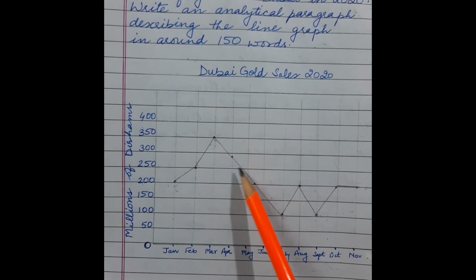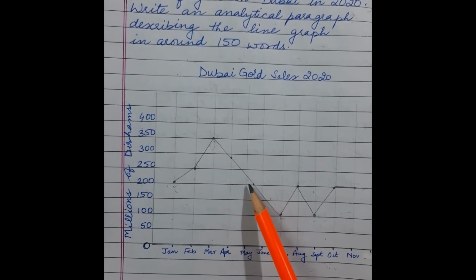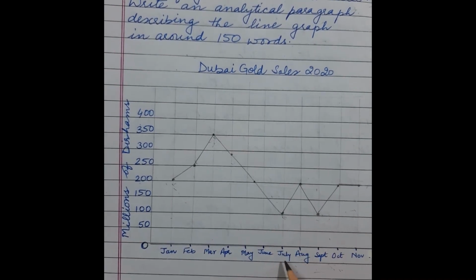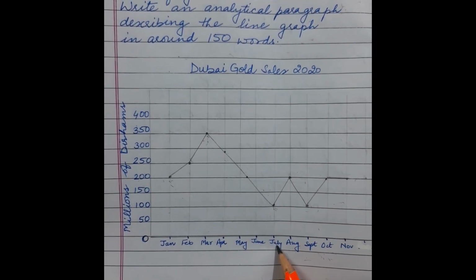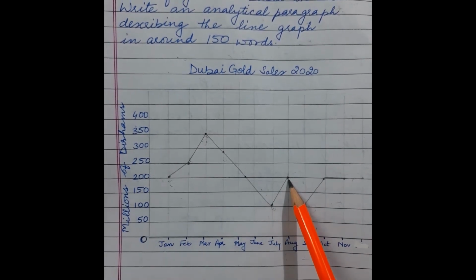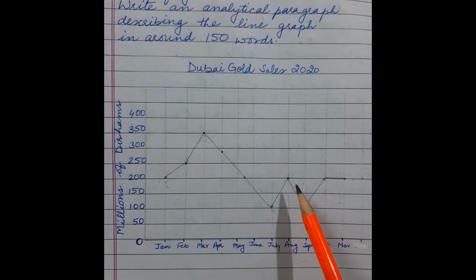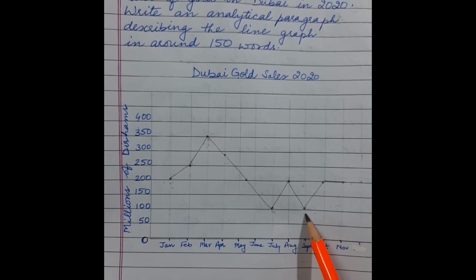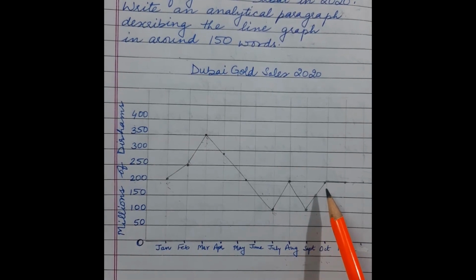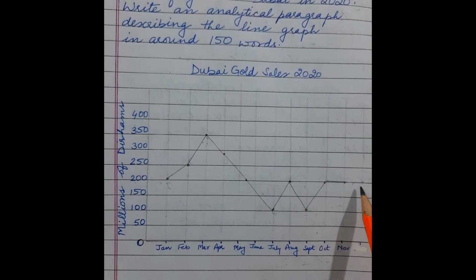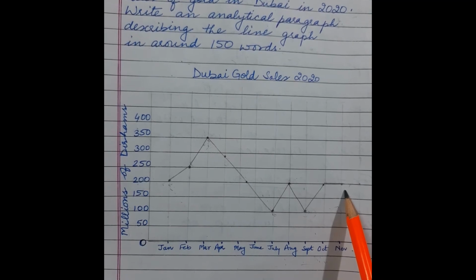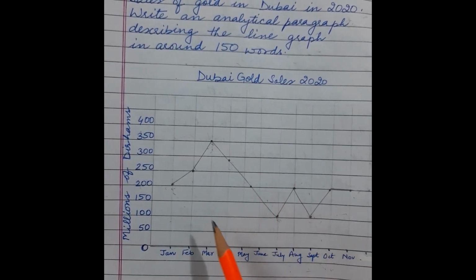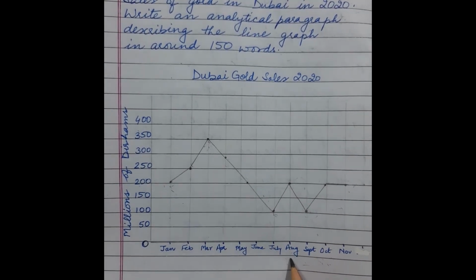But the gold sales fell in the next 3 months and hit 100 million dirhams in the month of July. Suddenly, the sales doubled in August, but again declined to 100 million dirhams in September. For the next 2 months, the gold sales leveled off, means it remained the same at 200 million dirhams. So, we have completed the body.